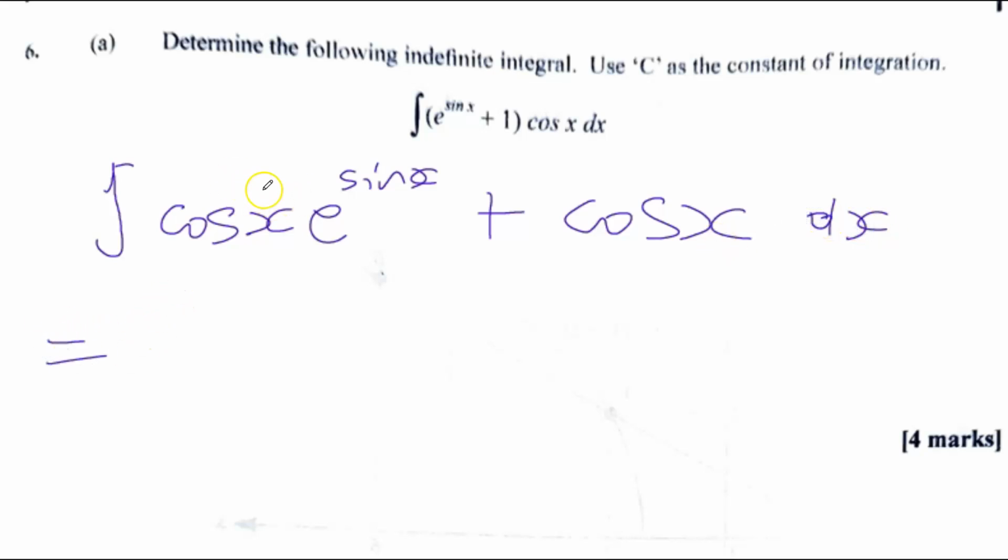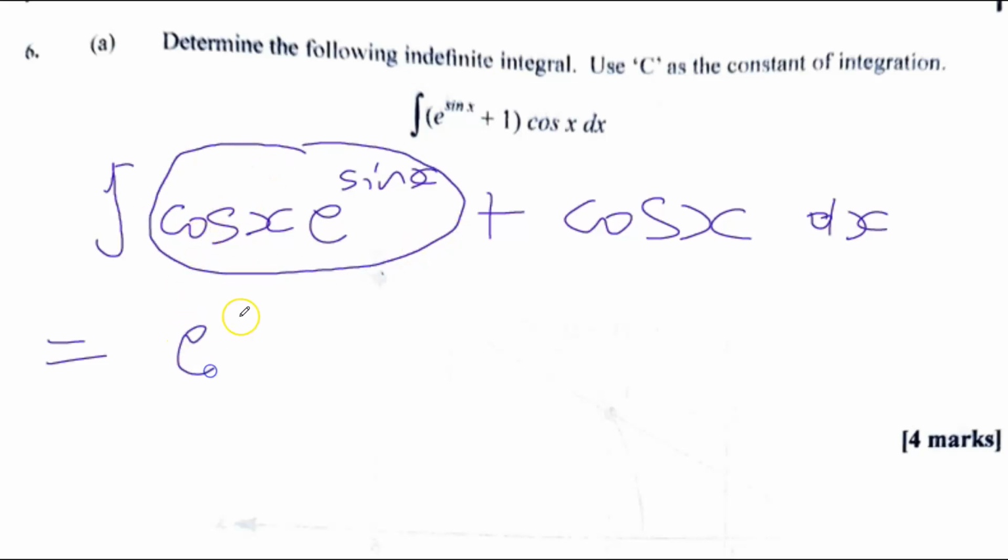So integrate. Now we use integration by recognition. You recognize that when you differentiate e to the power of sin x, you'll end up with that. Remember, integration is the opposite of differentiation. So by recognition, when you differentiate the exponential function, you differentiate the power.